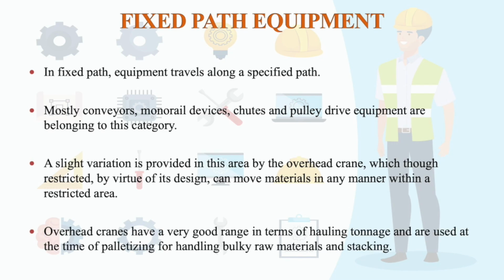Overhead cranes have a very good range in terms of hauling tonnage and are used at the time of palletizing, for handling bulky raw materials and stocking. Conveyors are the most common, because in a conveyor system a fixed path will be there, like in coal handling plants.